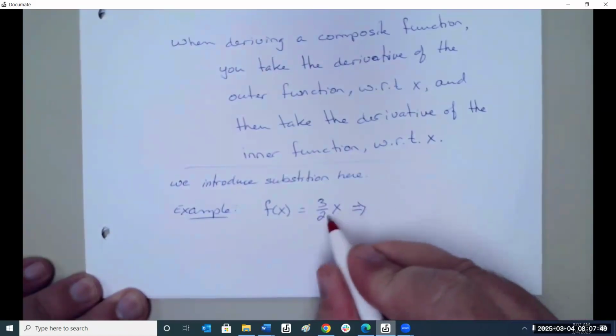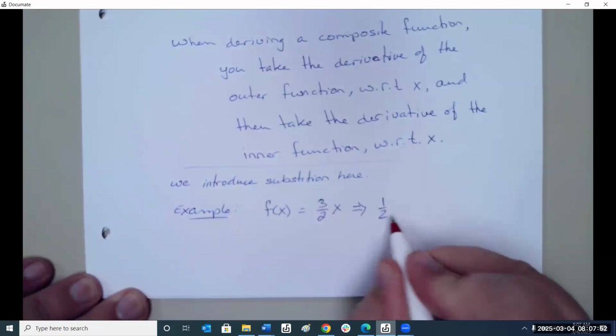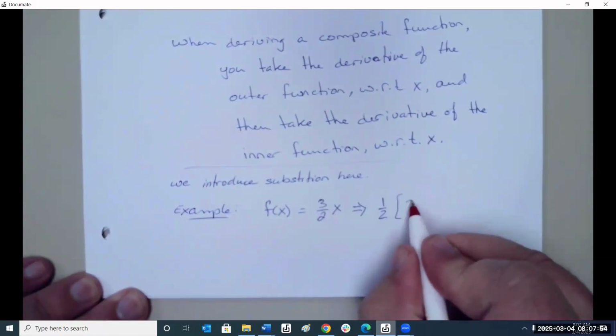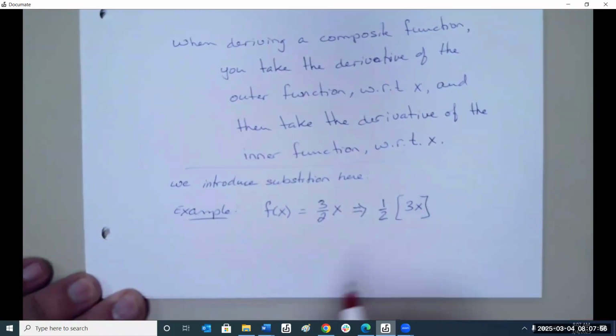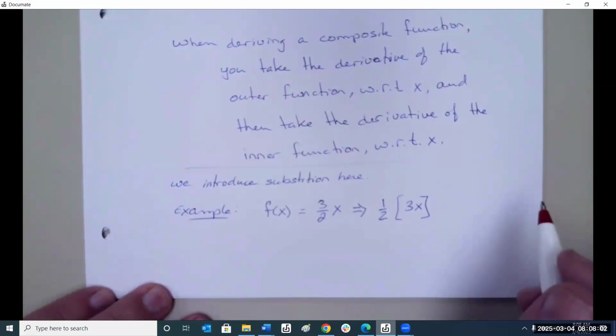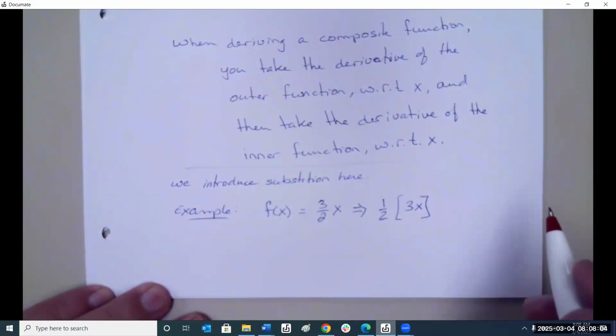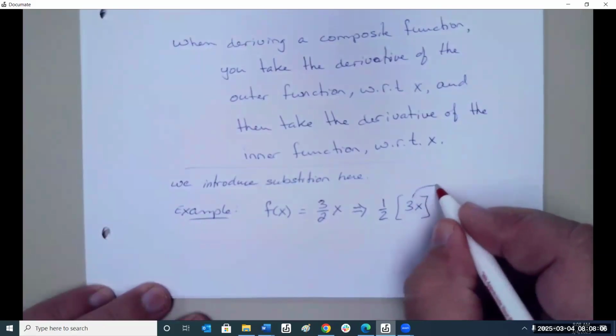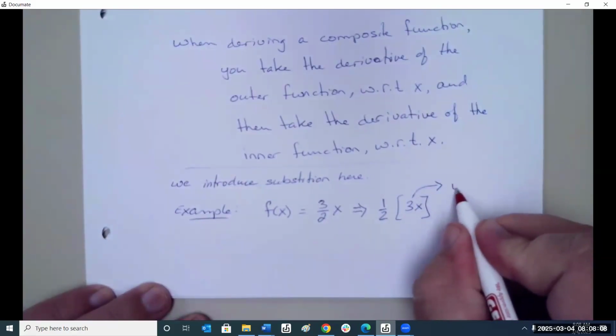This is the same thing as 1 over 2 times 3x. It's a function within a function. So I will define this part as u.